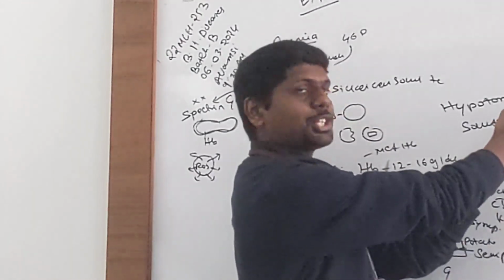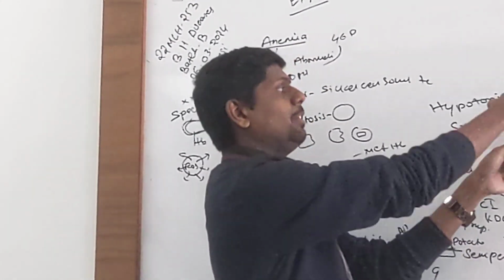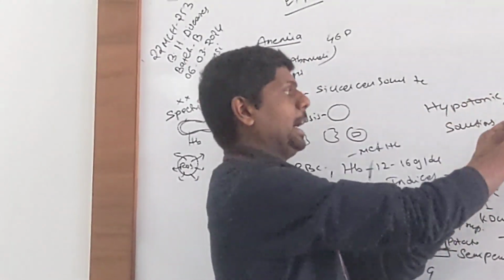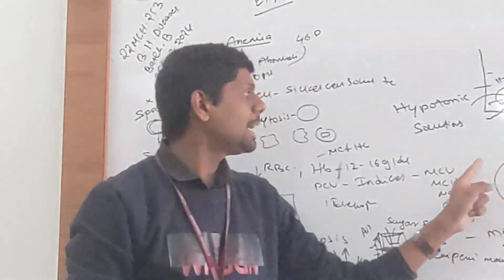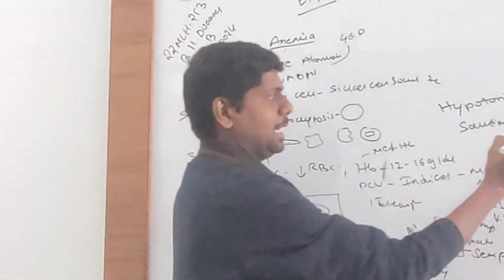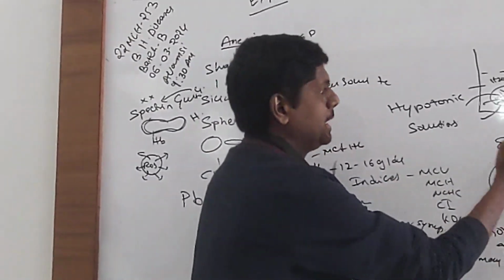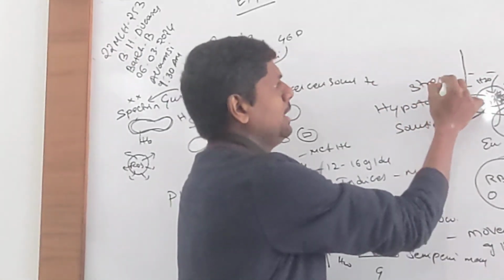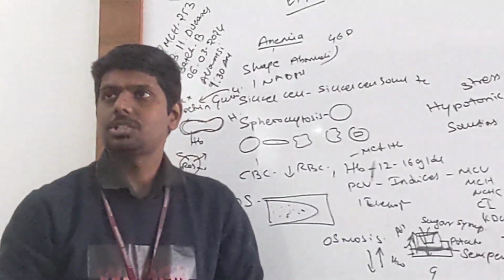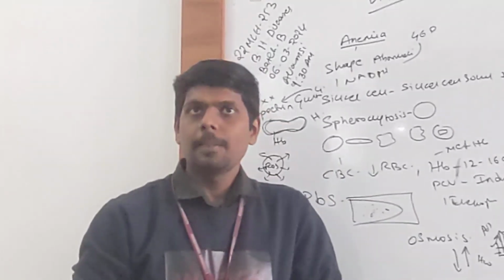Due to this, what happens? The cell will enlarge. At one point the cell will burst. This is enlargement of RBC due to hypotonic stress. Is it clear?